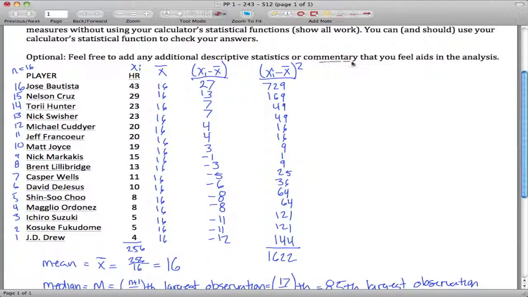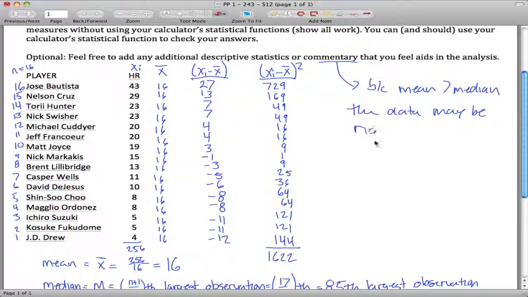So maybe this optional commentary right here would be: because the mean is greater than the median, the data may be right skewed. There are other things you can write too, but I think that's the main point that we learned in this section. So I will leave it at that and call that the end of the perfect problem.